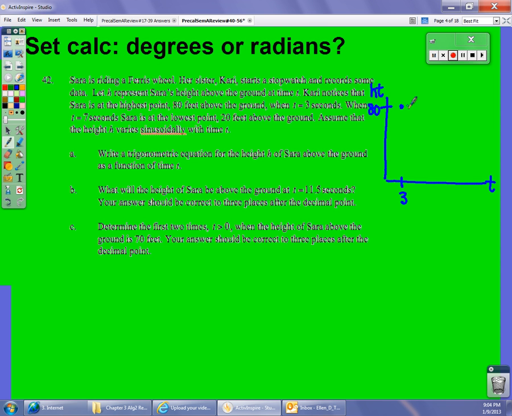When t equals 7 seconds, Sarah is at the lowest point, 20 feet above the ground. Assume that the height h varies sinusoidally with time t.